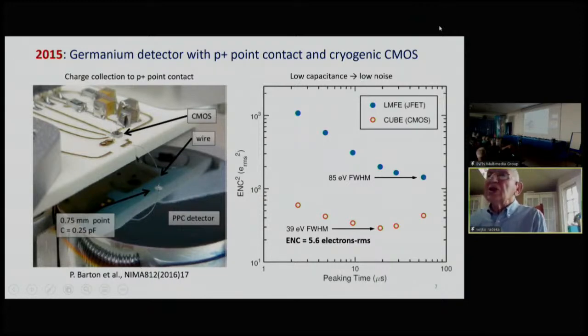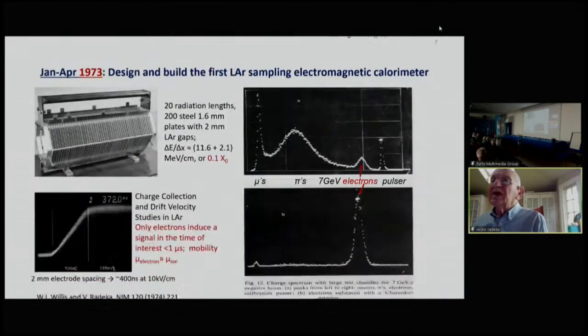The noise achieved with this arrangement is down to about 5.6 electrons with a very long processing integration time. There are many details in this development which I cannot go into, but the main point is that it is the close integration of CMOS and the point contact that made it possible to achieve such low noise.